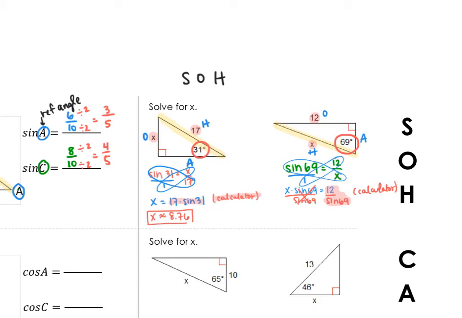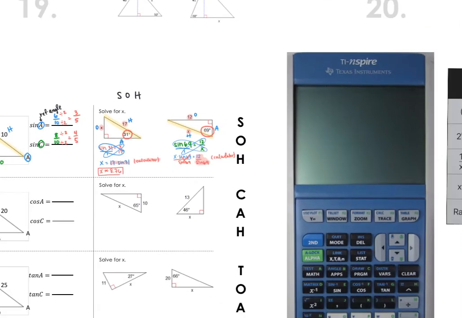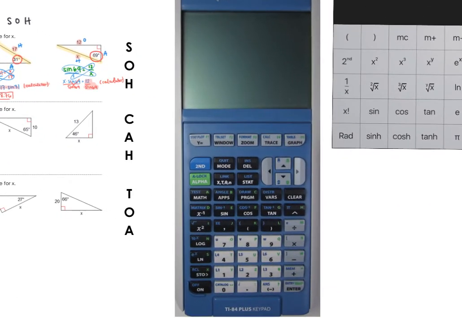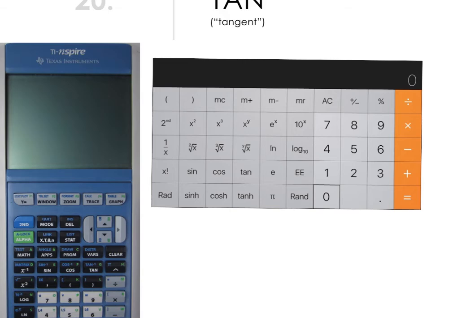Okay, so looking at our calculators, this is basically saying 12 divided by sine of 69. So using the big calculators, we just type in 12 divided by sine 69. What I like about these calculators is you can just type it in exactly how it is. When it's the iPhone calculator, remember you type in the angle before you hit the trig function.